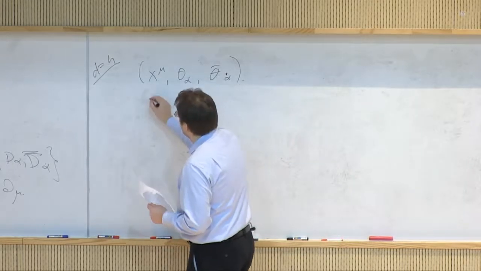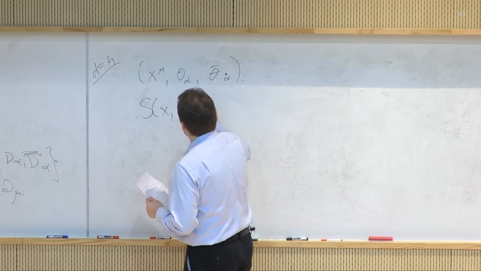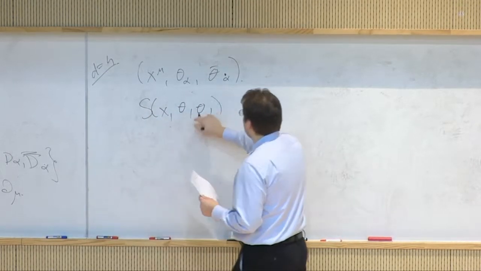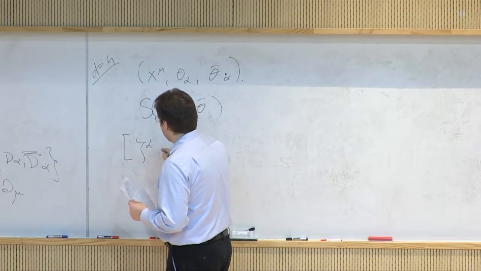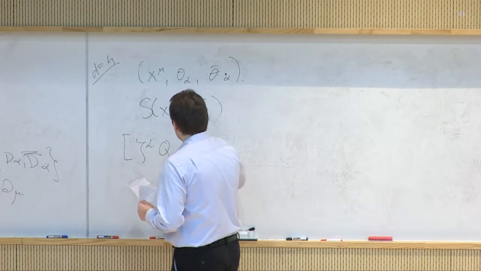And the superfield was a function S of x, theta, and theta bar, whose supersymmetry transformation properties were dictated by the following commutator.